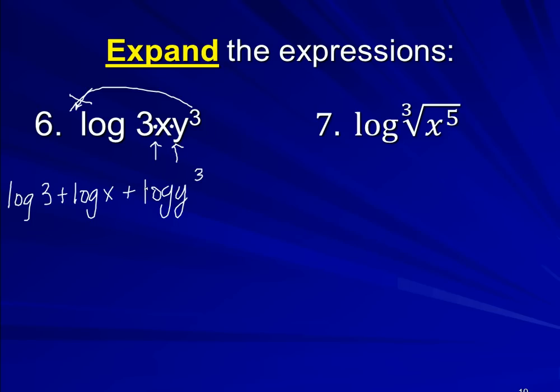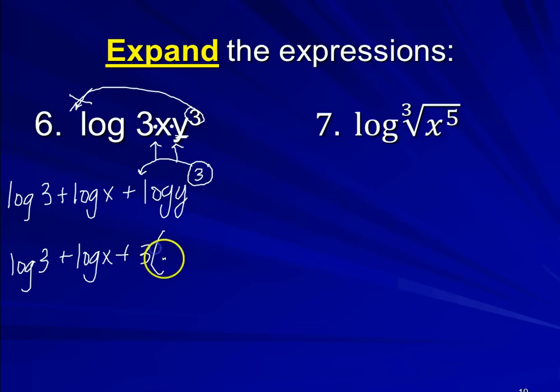So log of 3 plus log of x plus log of y cubed. Now, we already said I couldn't bring the 3 to the front because it didn't involve the 3 and the x. It only involved the y. So now look at what you have. The 3 is only attached to the y. So that needs to pull to the front of the y. So I have log of 3 all by itself plus log of x all by itself plus 3 times log of y.